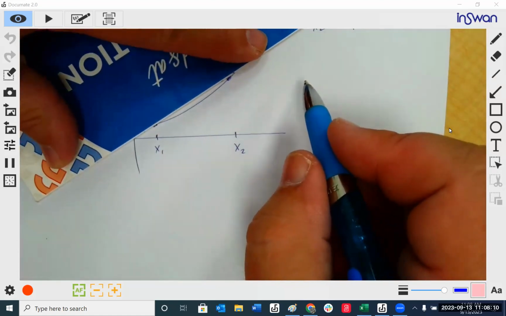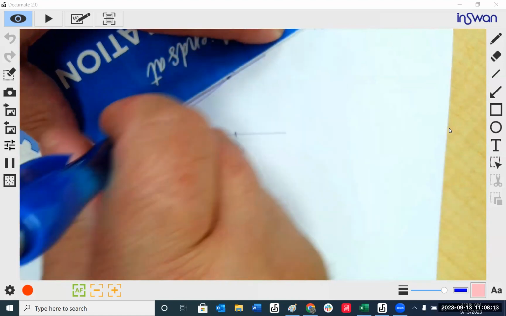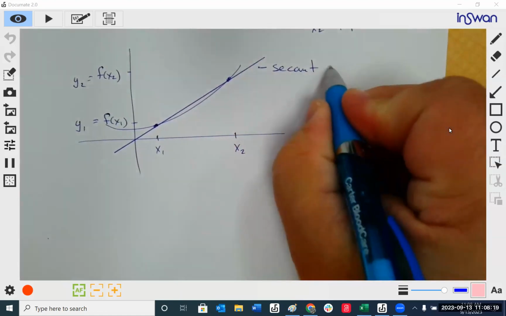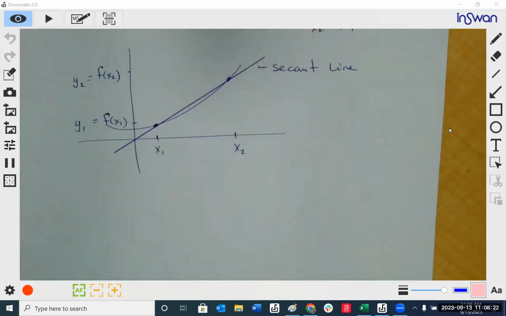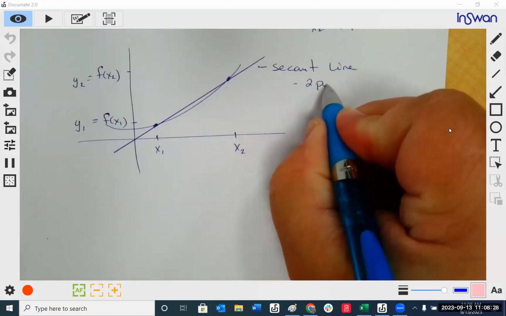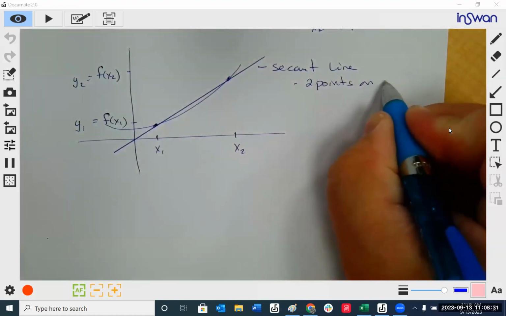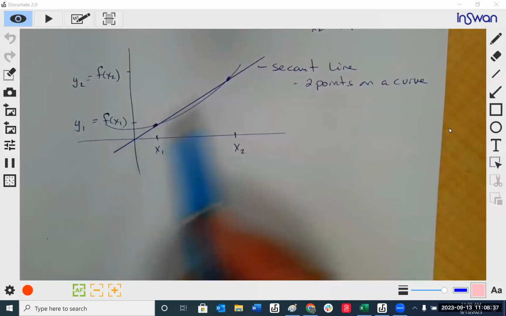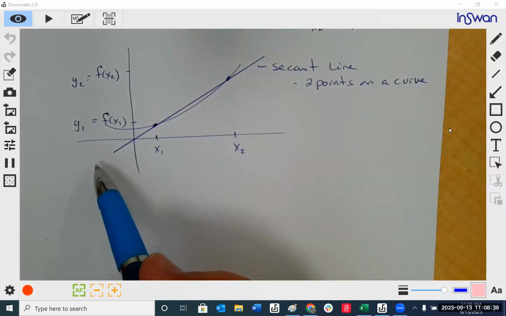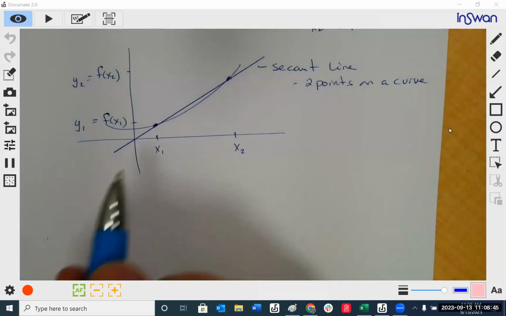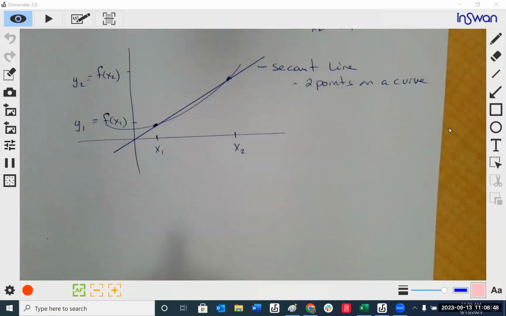If we connect both of those points, we're finding the slope of the secant line, because that's 2 points on a curve. So the line crosses the curve at 2 points. That's what a secant is. What we're looking for is the instantaneous slope at a given point.